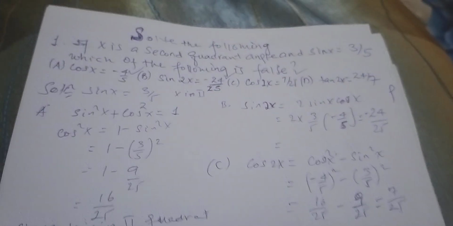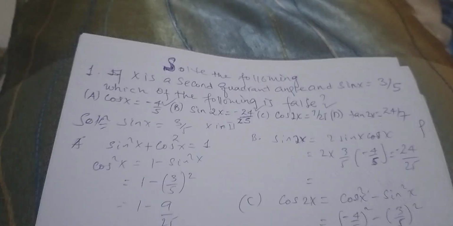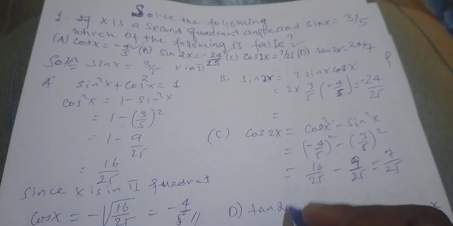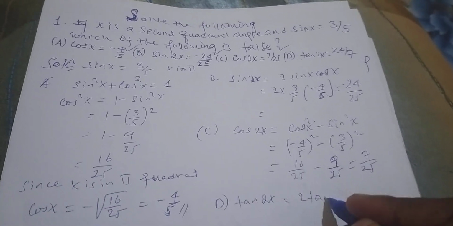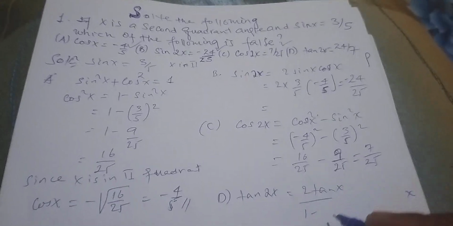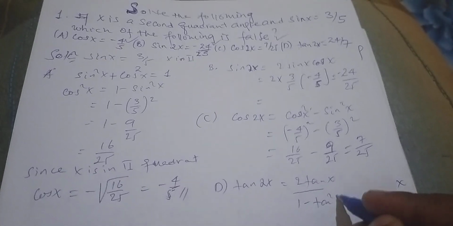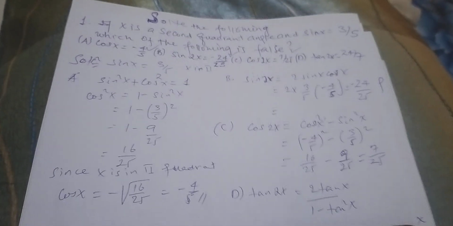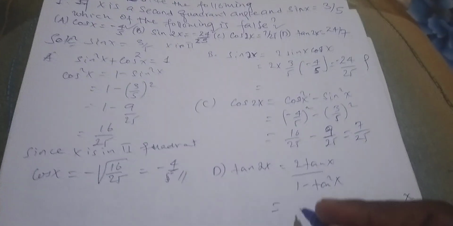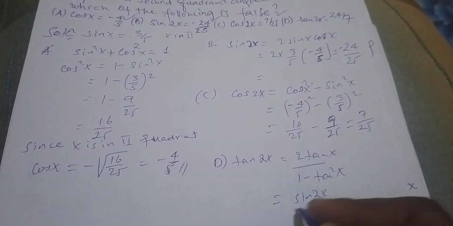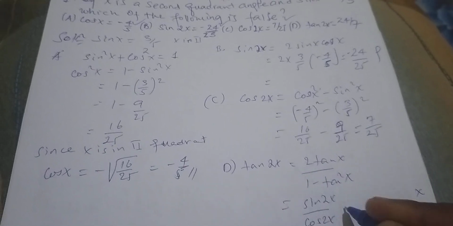Look at D. Tan 2x. Again, this is a double angle. Tan 2x is equal to 2 tan x over 1 minus tan square x. These are equivalent, or we can use sin 2x over cos 2x, which we already have.